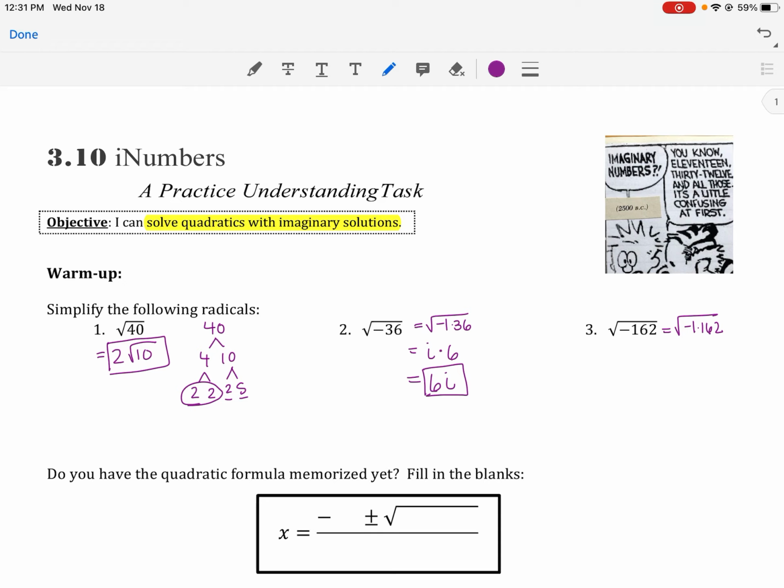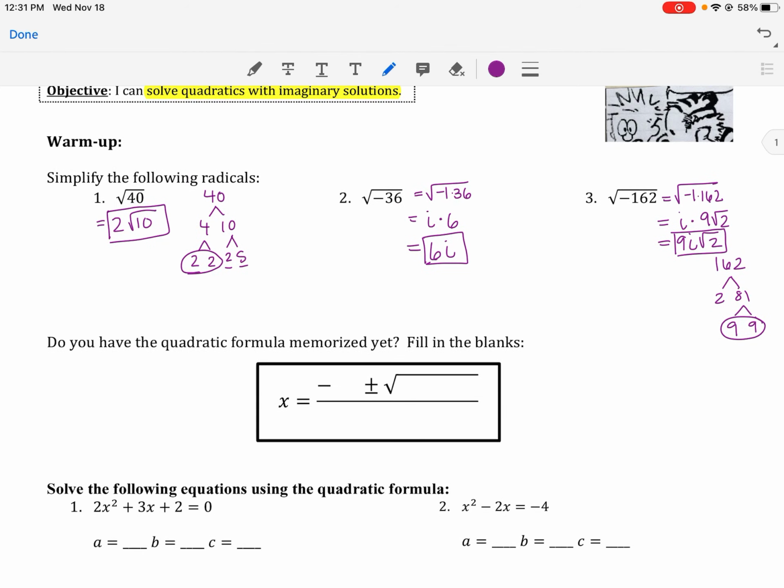So 162 breaks down to 2 and 81. 81 breaks down to 9 and 9, so I've got a pair of 9s. So the -1 is an i, square root of -1, and the square root of 162 is 9 square roots of 2. You can leave it like that, or sometimes I write it as 9i square roots of 2. Be careful about putting i at the end, because remember, make sure it's separate from the square root. It will mark you wrong.